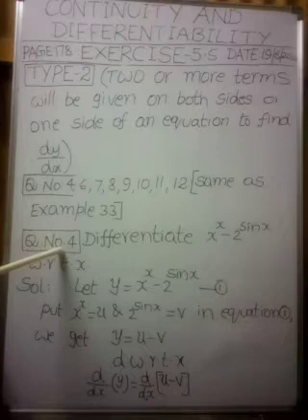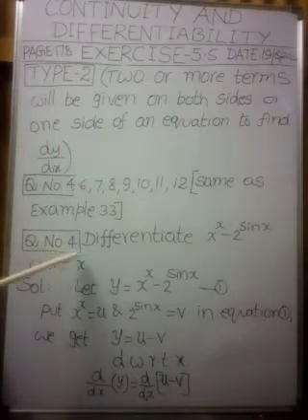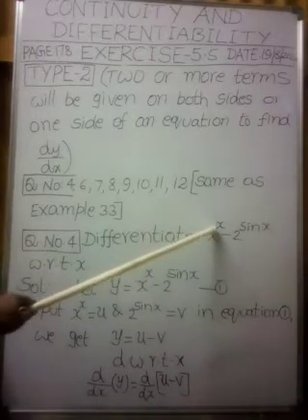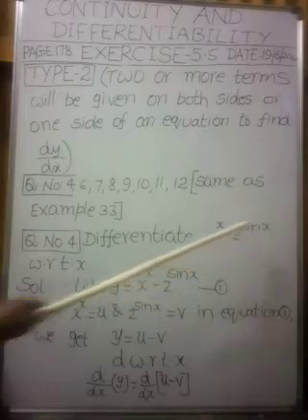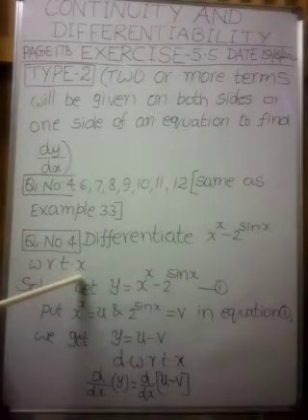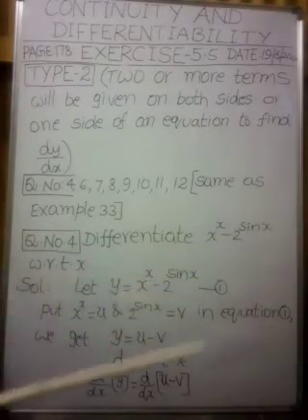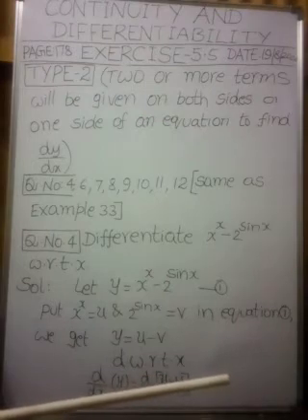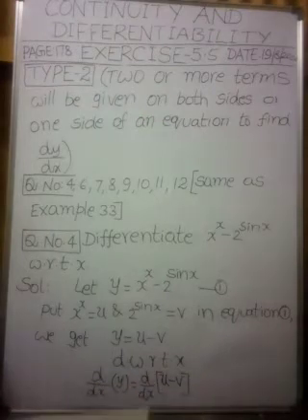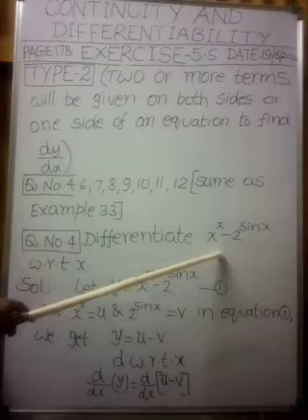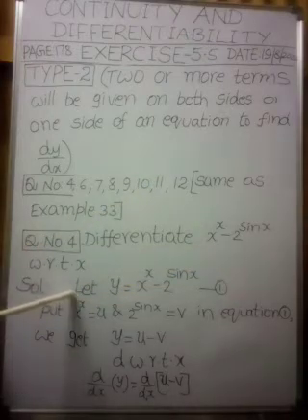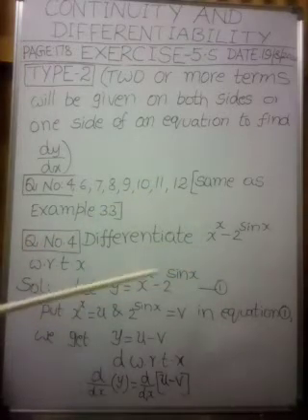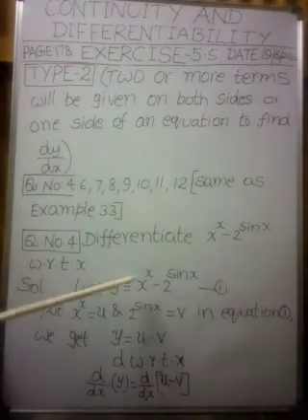Now, I am explaining question number 4. Differentiate x power x minus 2 power sin x with respect to x. Here we have to find dy by dx, the differentiation of this function. First and foremost step is we have to assume this given function is y.